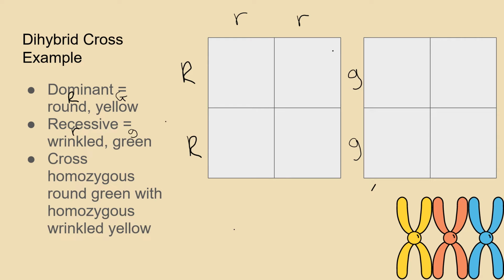And then here we have our 2 separate Punnett squares, one for each trait. And since we have the 2 homozygous individuals crossing with one another, that is a true breeding. So I'll just go ahead and do this.